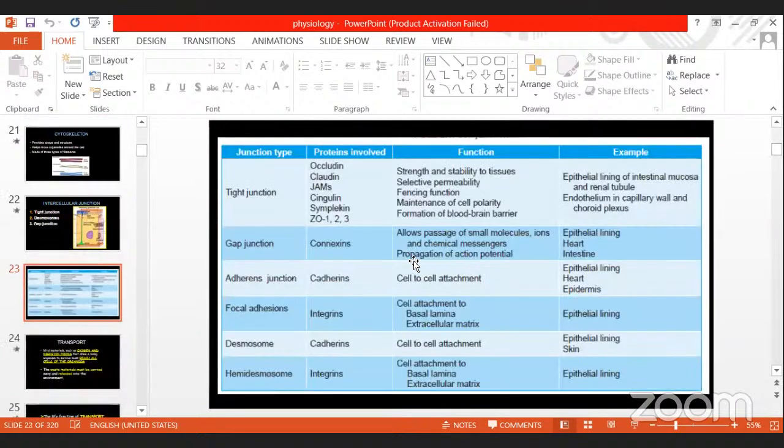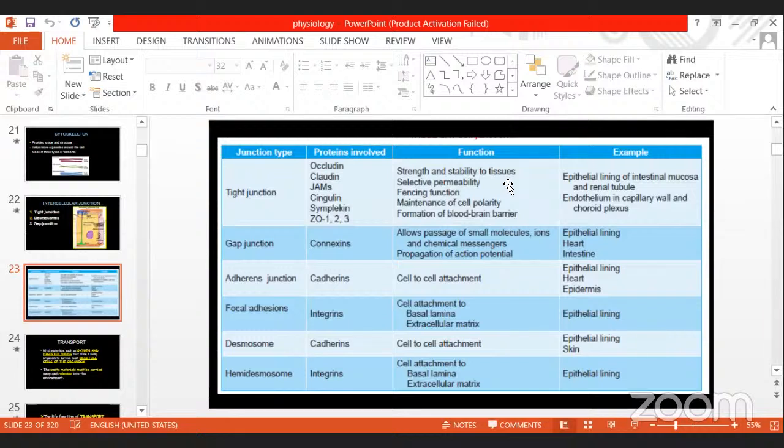Let's see what it is. Tight junctions are the ones which give strength and stability to the tissue. In the name itself it is given, it is tightly packed. It has very selective permeability, meaning it won't allow all the substances to pass through.